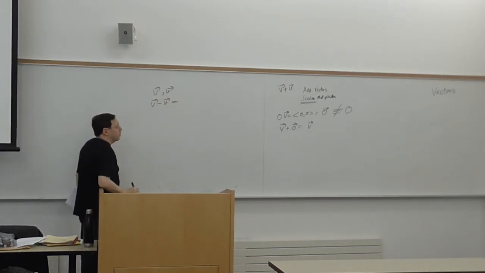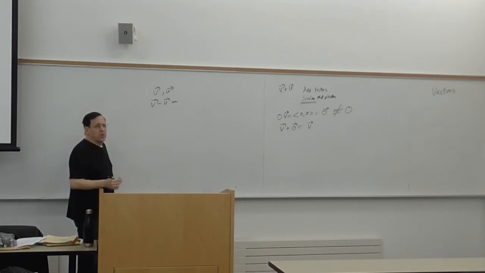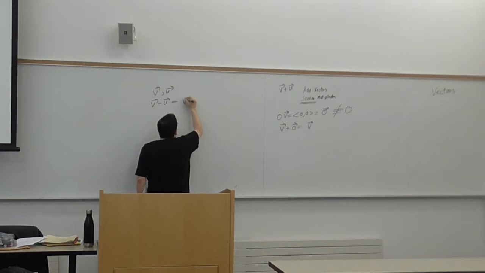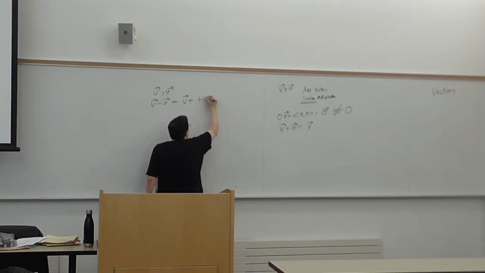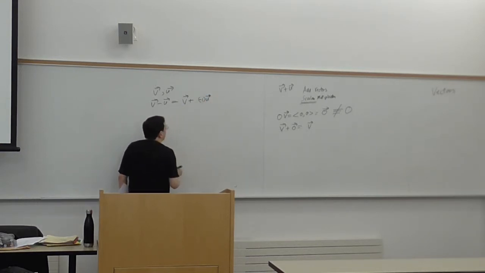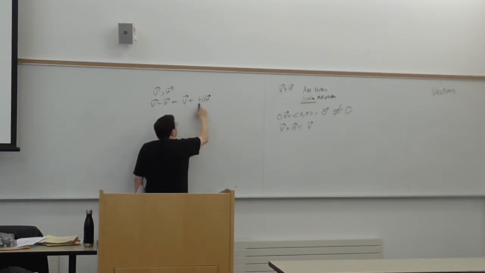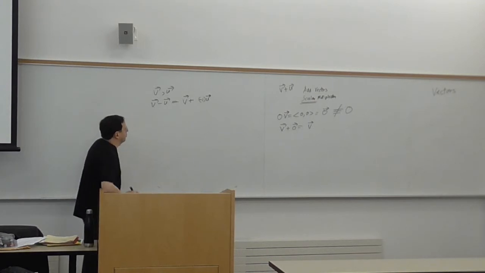And how do I do that? Well, I do things that I know how to do already. I can add vectors, and I can multiply my u vector by -1. So v minus u is just v plus -1 times u.